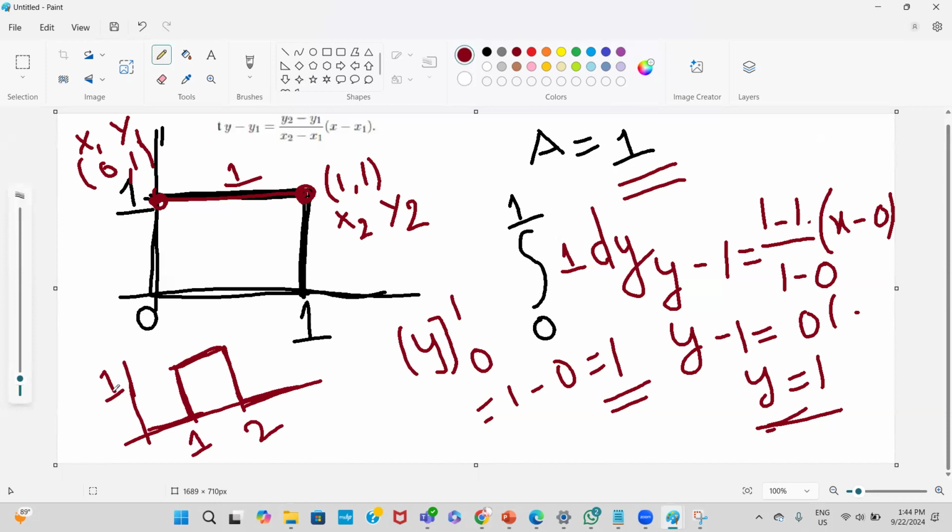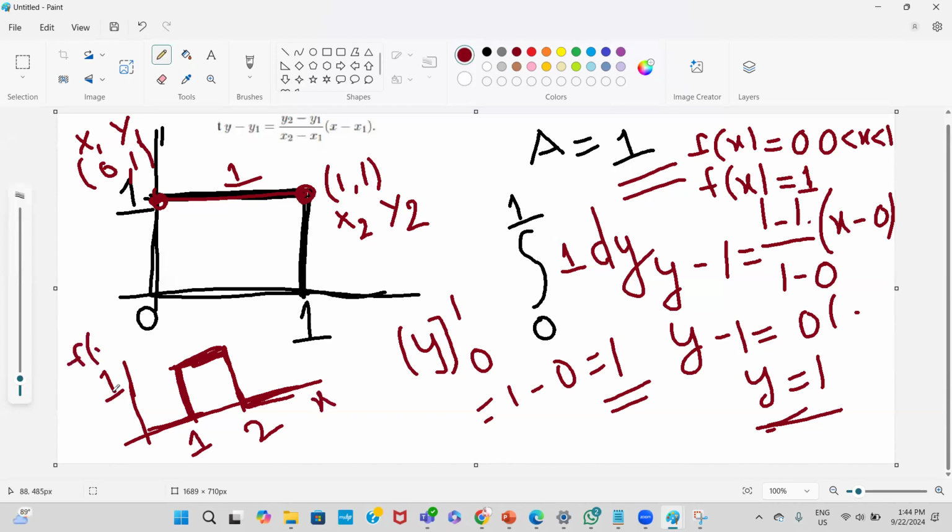It can be written in such a way that f of x is equal to 0 for x less than 1, and f of x is equal to 1 for 1 less than x less than 2, where this is x and this is f of x. And f of x is equal to 0 beyond that.